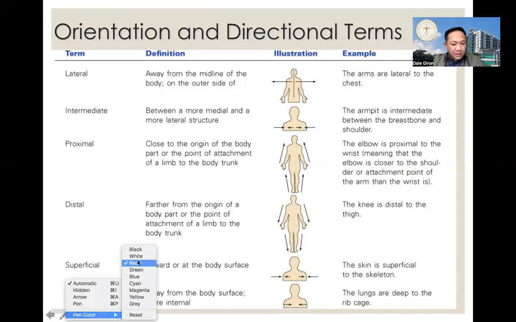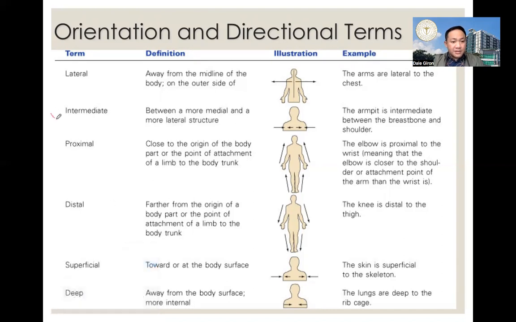Next term is intermediate. So intermediate is between a more medial and a more lateral structure. So if you have an imaginary line at the middle, dito siya sa gitna. Now these are what we call your intermediate level. Okay? The armpit is intermediate between the breastbone and the shoulder.